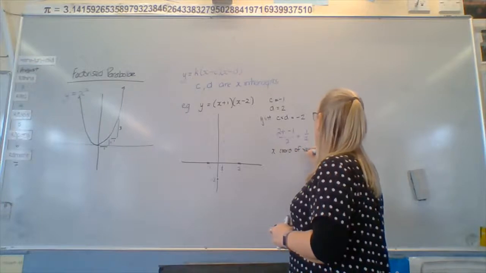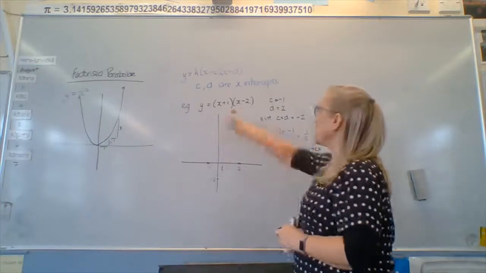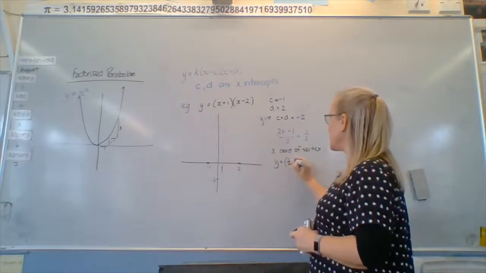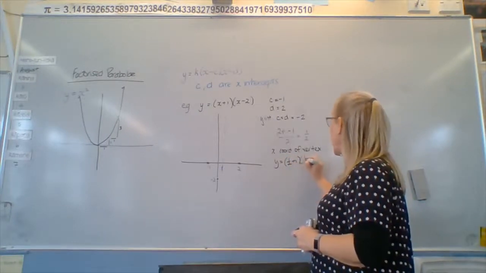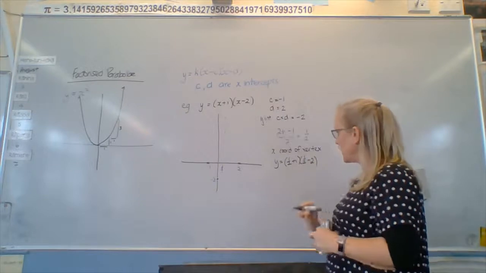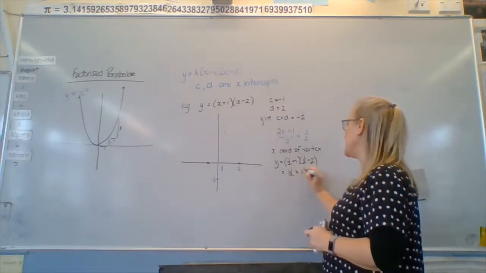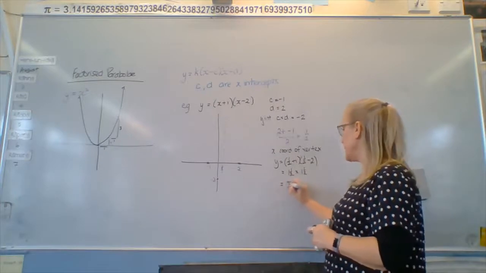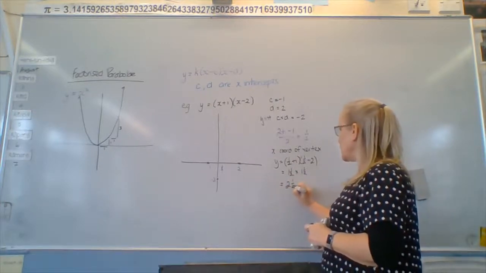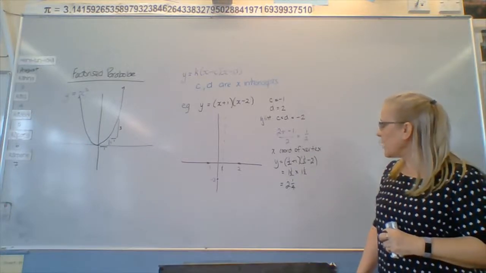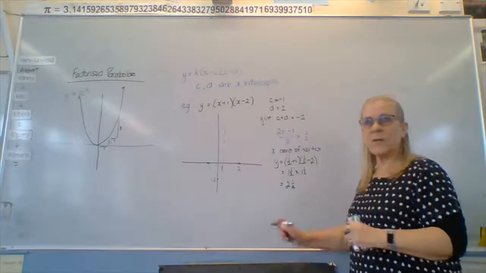So we can find the y-coordinate by putting it back into here. Y equals a half plus 1 and a half minus 2. So that equals 1½ times 1½, which is, believe it or not, 2 1/4. All right, what have I done wrong? Anybody got it?